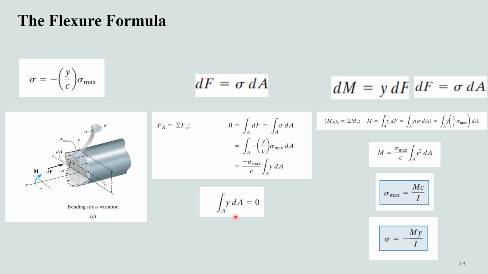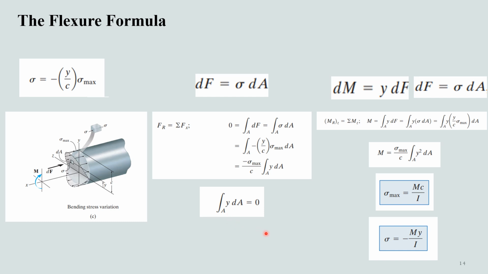We have to recall here that the location of the centroid of any cross section is defined from an equation that requires that the centroid lies on the reference or the neutral axis for symmetrical cross sections. Consequently, once the centroid for the member's cross-sectional area is determined, the location of the neutral axis is known.